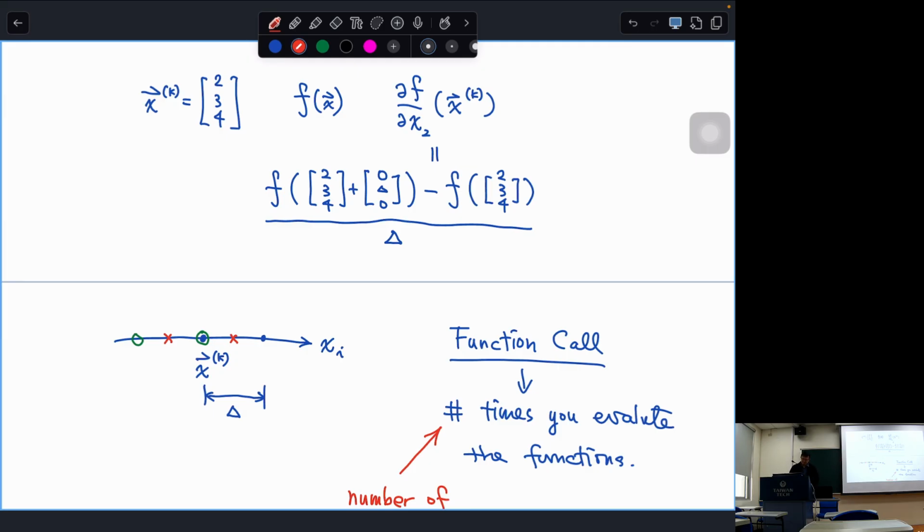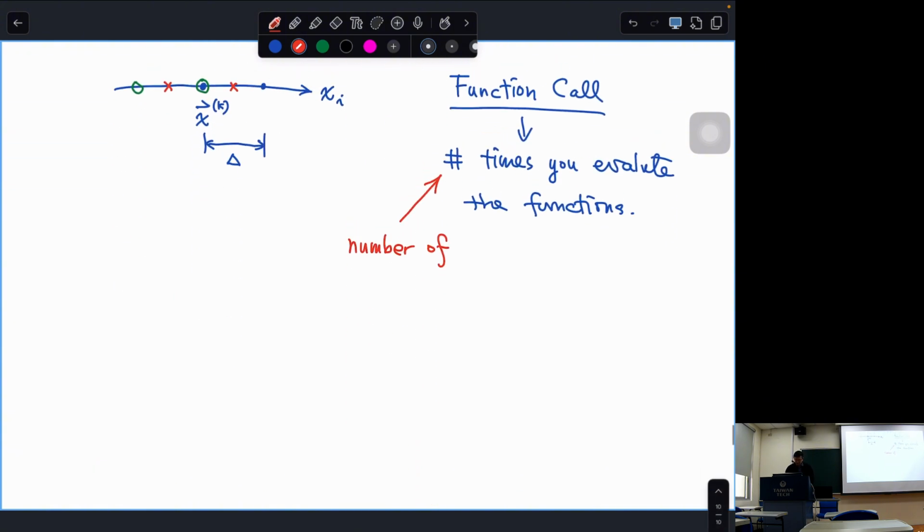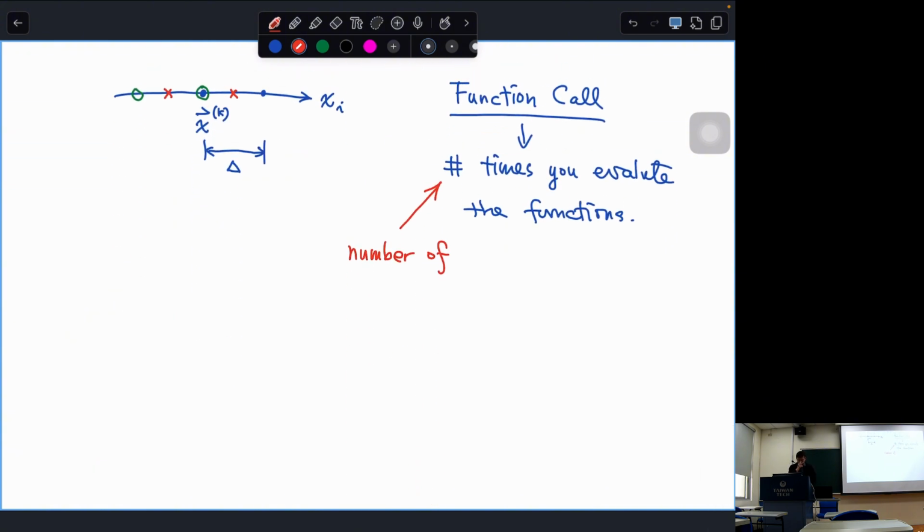Okay, so now I want to explain to you why I work with the forward scheme. Because at the beginning, you definitely need to know the function value at the current position, right here. So if you can spend only one more function call, then you can get the first order derivative.